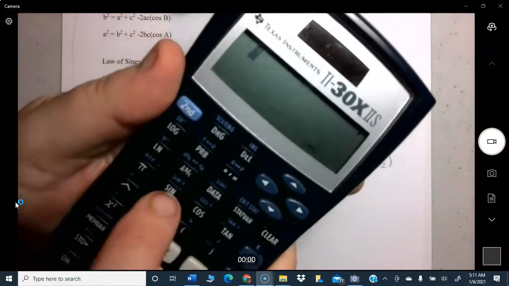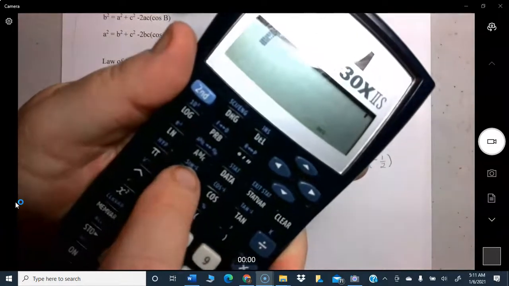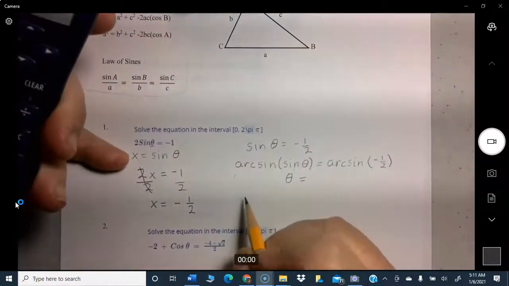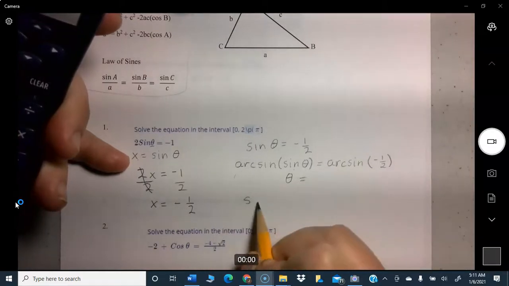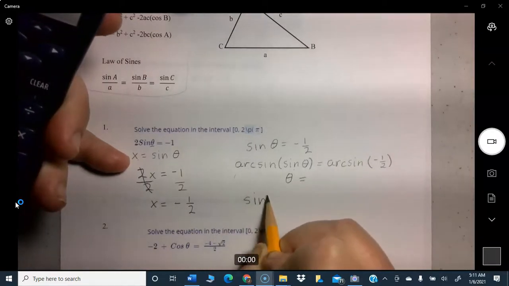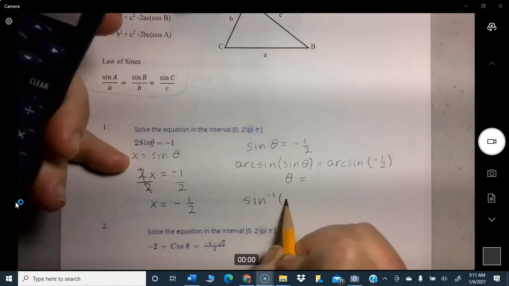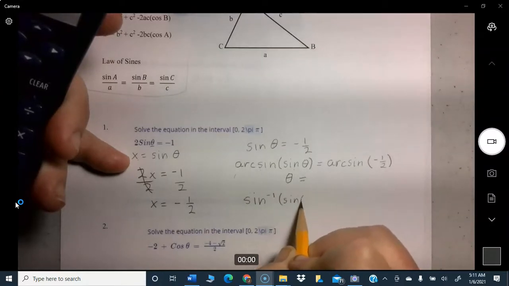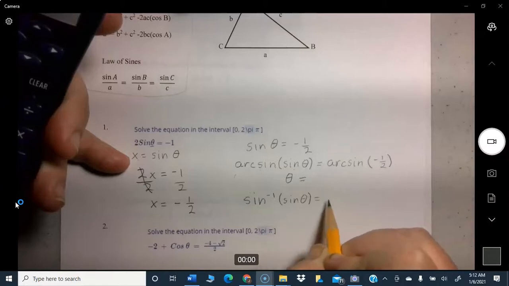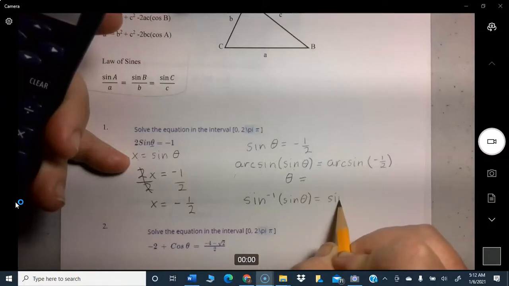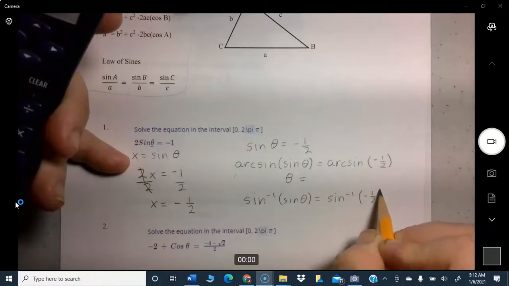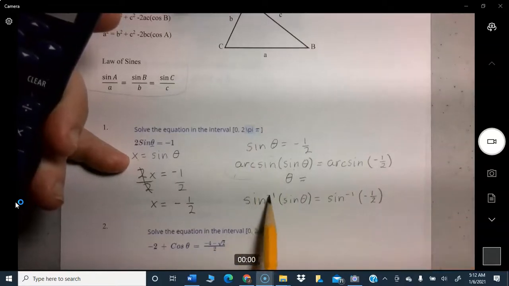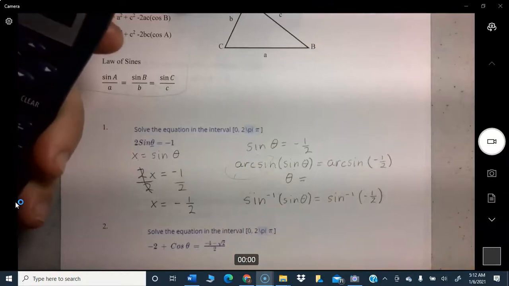So it's going to be sine, and up above it, it says sine to the -1. Let's write that notation as well, just to show it to you. Arc sine and sine to the -1 are the same thing.